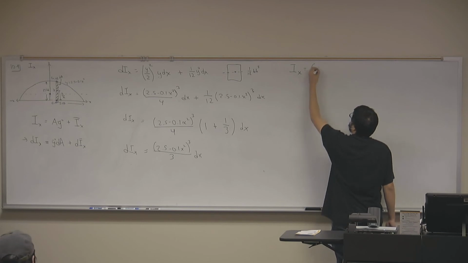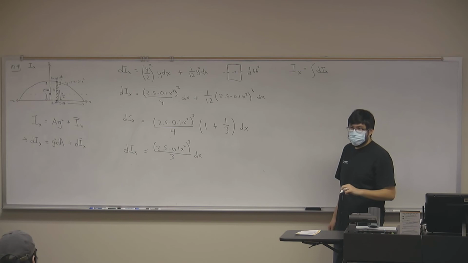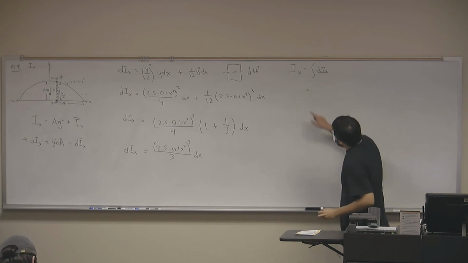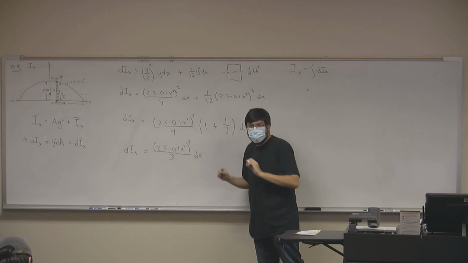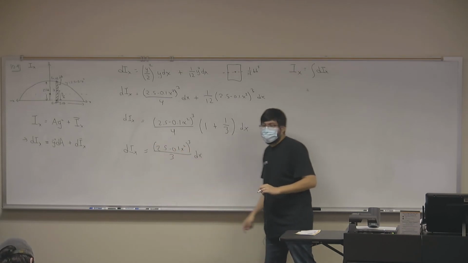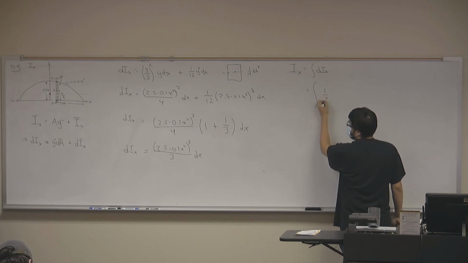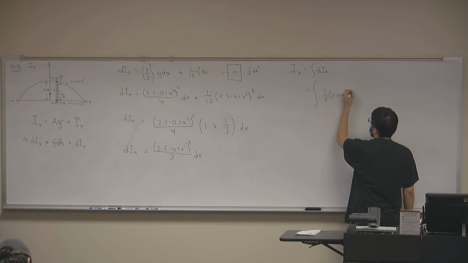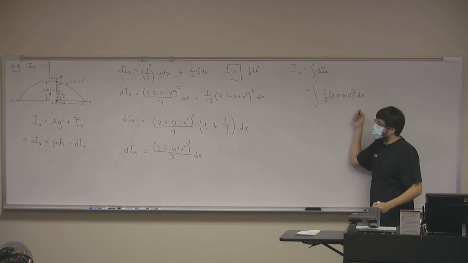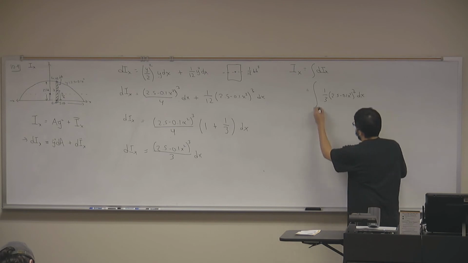So if the moment of inertia about the x-axis is equal to the integral of the moment of inertia for the little thing, then we just have to integrate this expression. So this will be just the integral of 1/3 (2.5 minus 0.1 x squared) cubed dx. And then because we're in the x-axis, what are my integration limits? -5 to 5. Good.